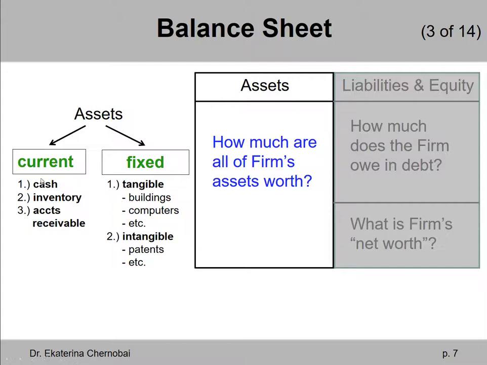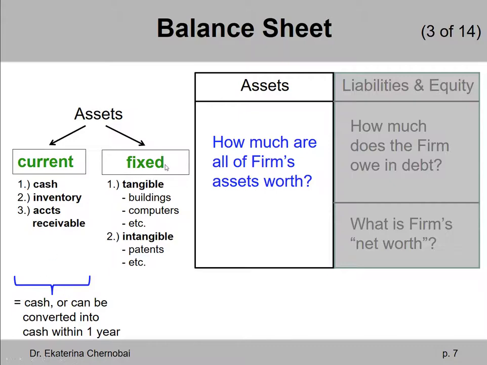Another way to think of what makes certain assets current assets and others fixed assets is to think about how long it may take to convert them into cash, to sell them, in other words. So current assets are cash and things that could be converted into cash within 1 year, so a relatively short amount of time.